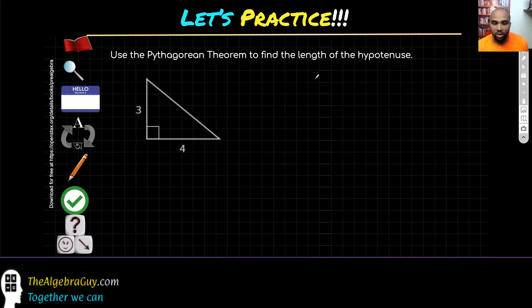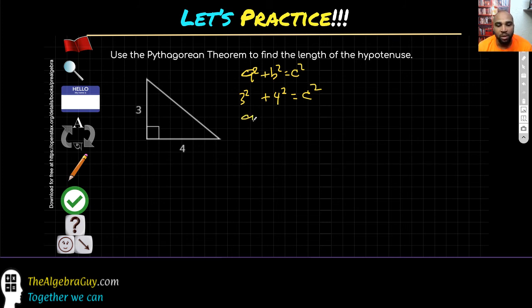All right, what about this? I know my formula is a squared plus b squared equals c squared. And I'm going to say a is 3 squared, and I'm looking for c squared. Notice I didn't add it up and put a number there, because then I won't have a variable to solve for. I had to learn it the hard way. I was like, where is my variable?